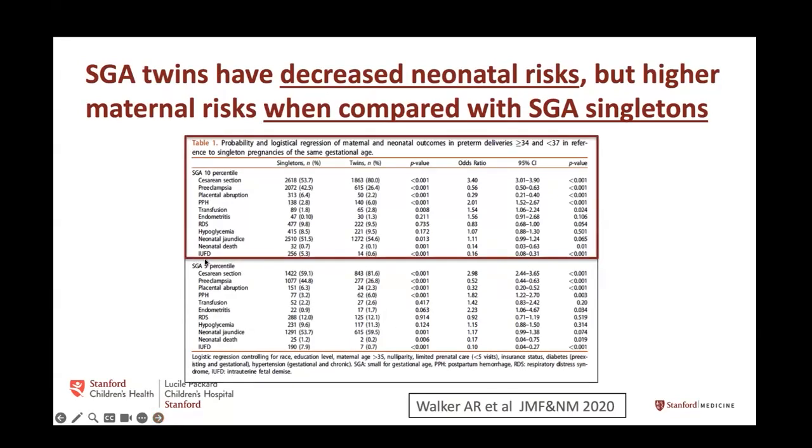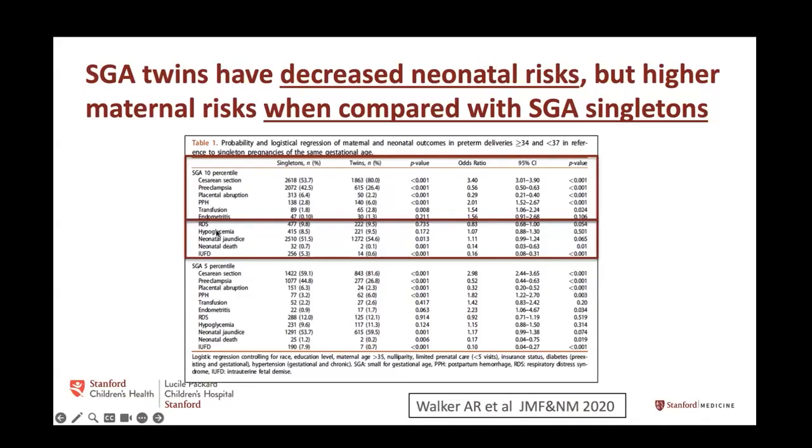If we look at the top row here, SGA at 10th percentile in neonates, the top part here is the maternal risks, and the bottom part is neonatal risks when neonates were less than 10th percentile. Here we compare singletons and twins. You can see in these maternal risks, whether it's cesarean section, preeclampsia, abruption, PPH, etc., there's a higher risk in twins than singletons when one of the twins is diagnosed with SGA.